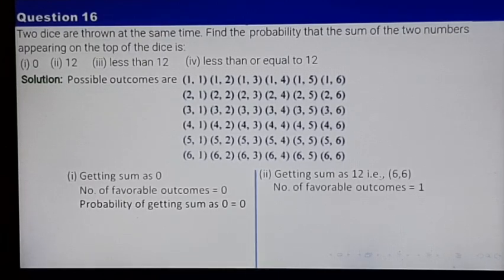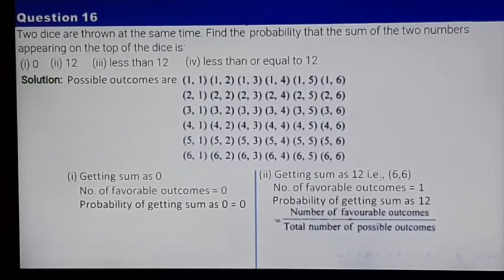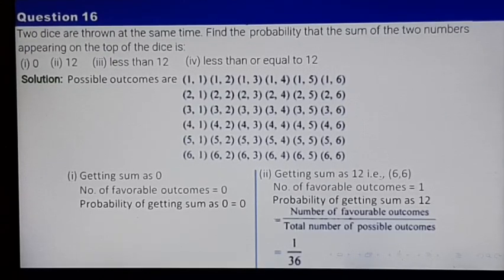So the number of favorable outcomes is 1 here, because only in one case are you getting the sum to be 12. Using the formula, my answer is number of favorable outcomes 1 and total number of possible outcomes 36, so it's going to be 1 by 36. You may pause the video to note down this much.